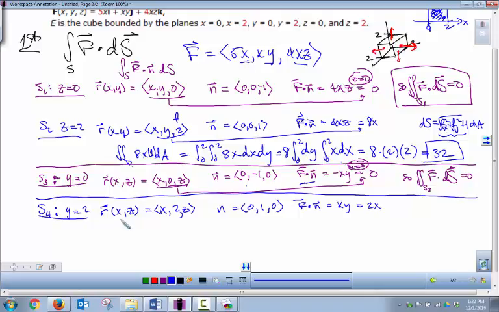So let's throw that into the flux. Well, actually, let's go straight into your double integral. So it'll be 2x, and then again, there's that 1 that would have come up with this change from a surface integral to a double integral. And then we're using the same domain from 0 to 2 in both variables.